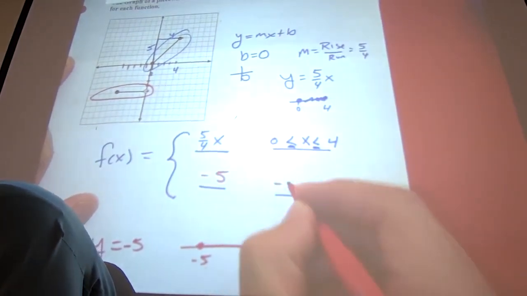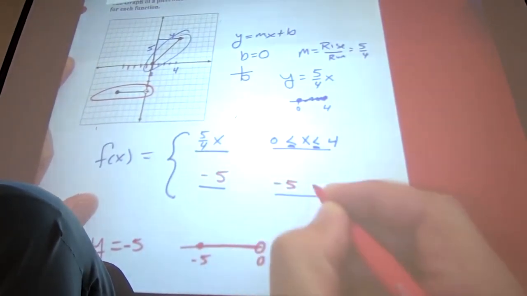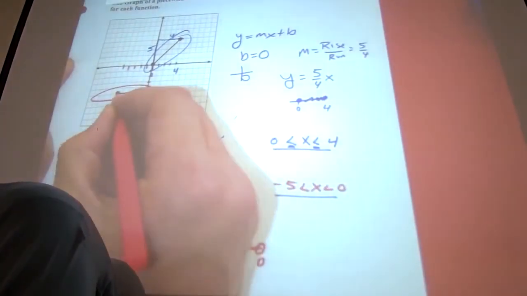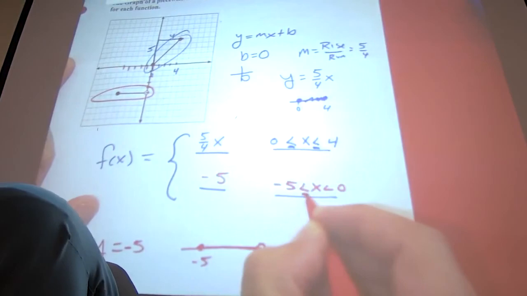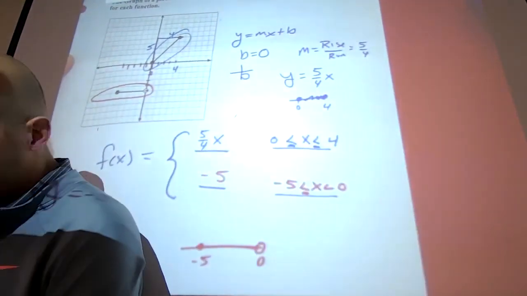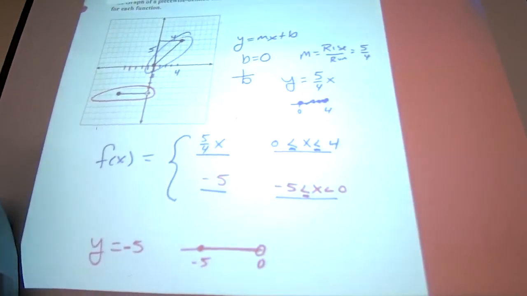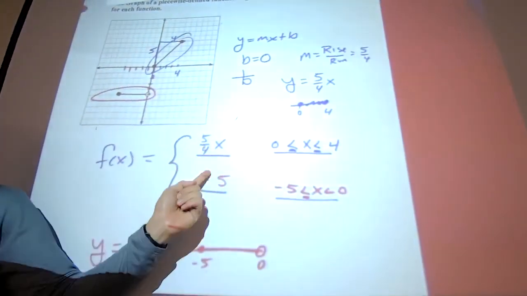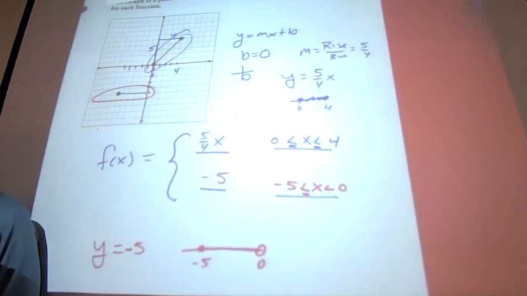So low number, high number, x is in the middle, always less than signs. And if it's a solid dot, like this one, it gets an equal to. This one's an open dot, so it's not equal to. So final answer for my piecewise function, here are my two pieces over these two intervals.